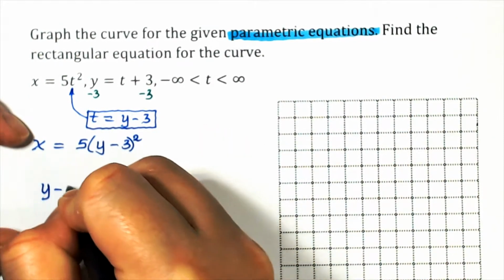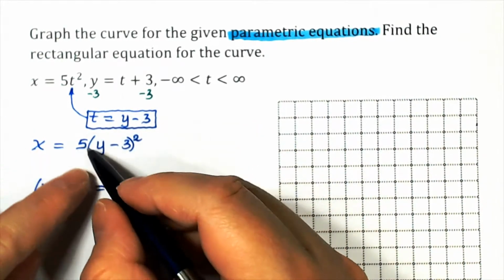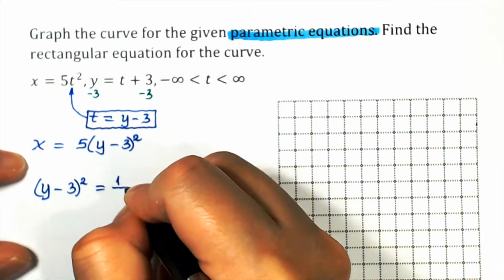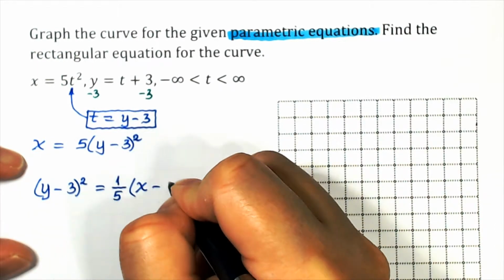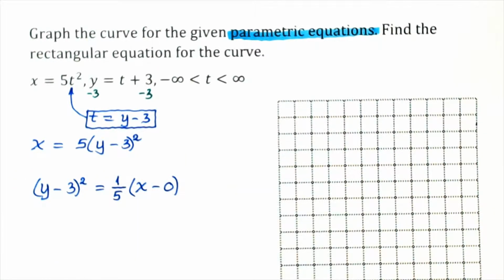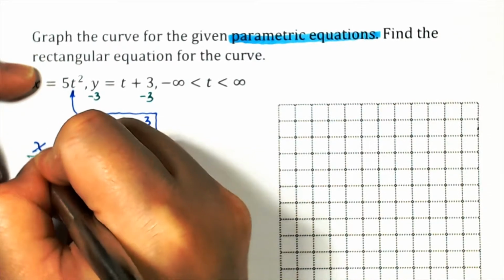So we have y minus 3 squared on the left hand side, and on the right we just have 1 over 5, and then we can write x minus 0 if we want to. So in that case we have the vertex. So pretty much divide by 5 on both sides here.